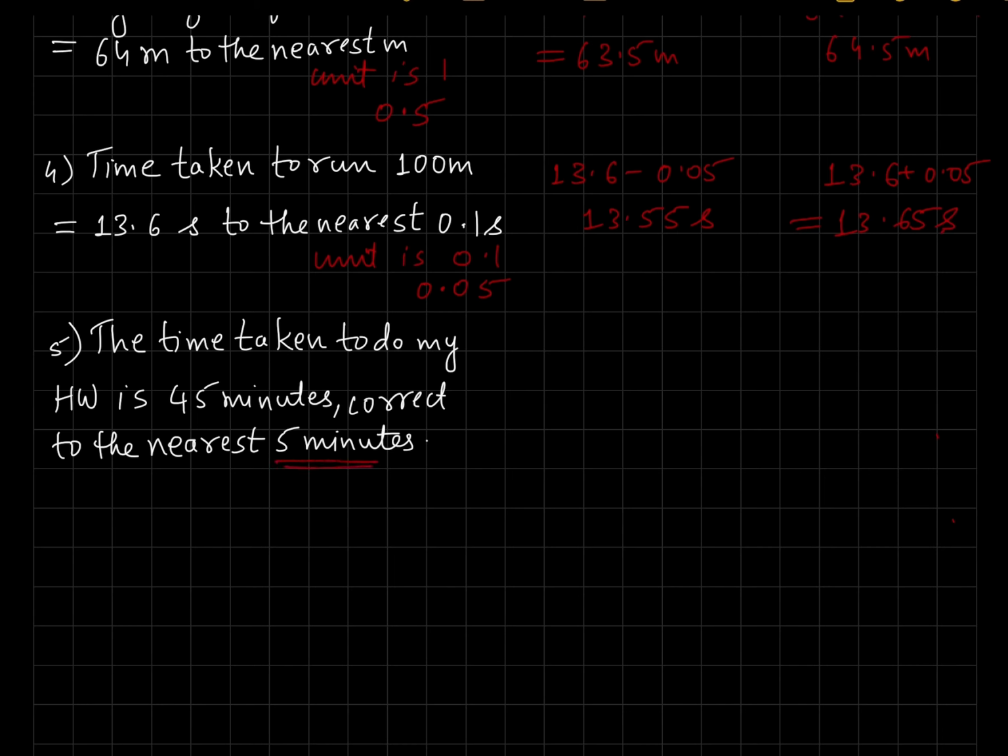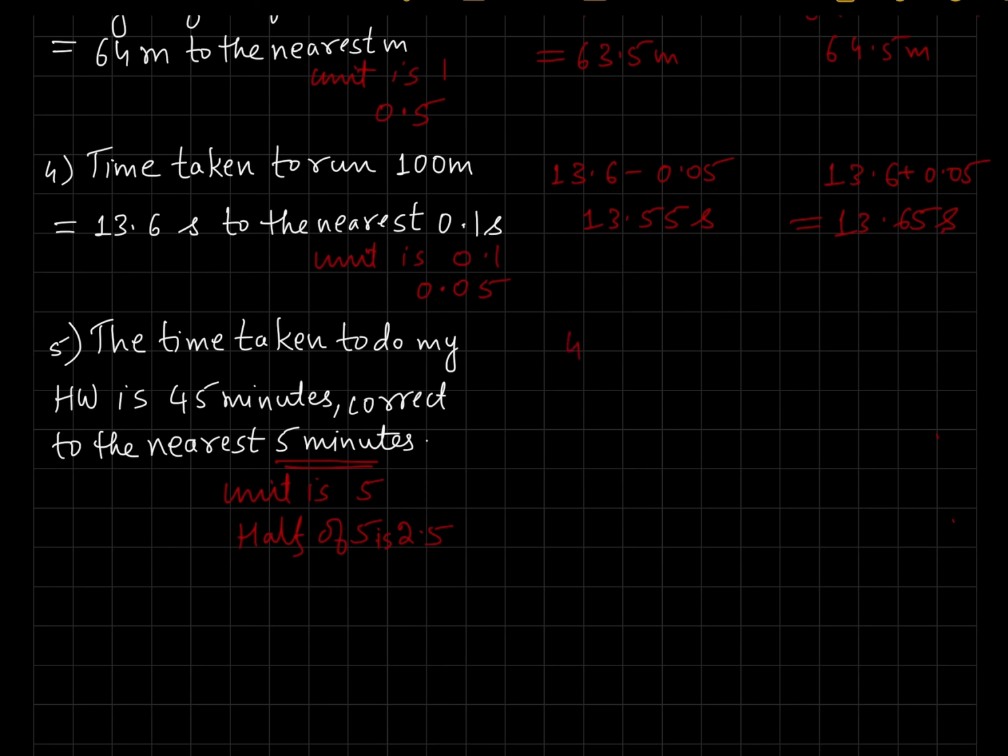Okay, the last one. The time taken to do my homework is 45 minutes, correct to the nearest 5 minutes, that is plus minus 5 minutes. So the unit here is 5, and half of 5 is 2.5.